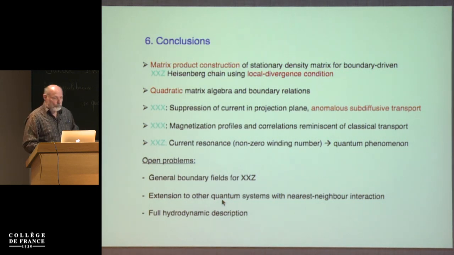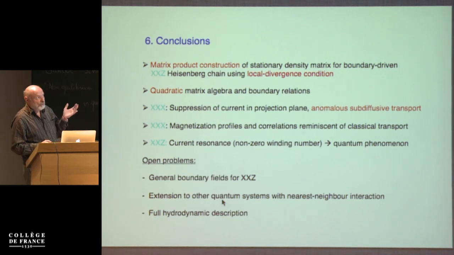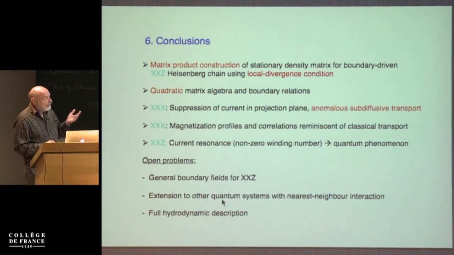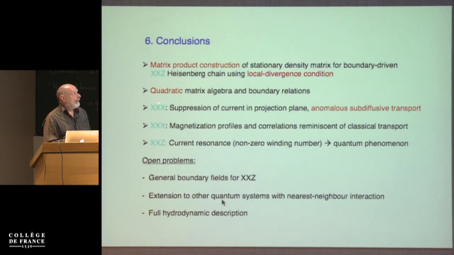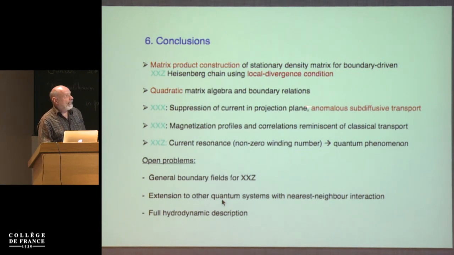So let me conclude. We have a matrix product construction for the stationary density matrix under some assumptions on our Lindblad coupling. Of course, it will not work generally, but for specific coupling constants we can do it. And if we have these local divergence conditions, we can derive a nice quadratic algebra and also boundary relations. Now, if we take the isotropic chain, the current will be suppressed in the projection chain. It will be anomalous subdiffusive transport.